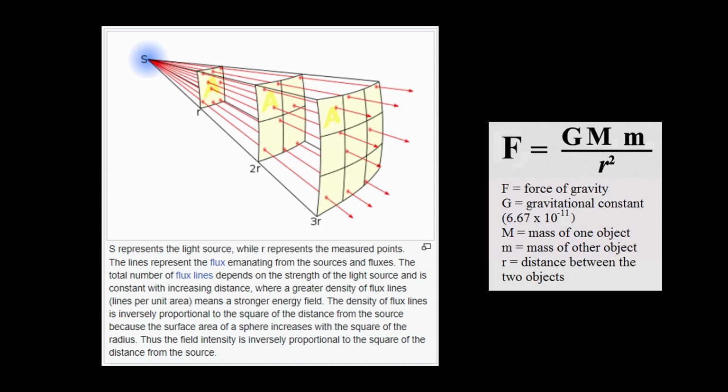Now, light certainly behaves that way, but so does any other form of electromagnetic radiation. It could be gamma rays, X-rays, radio waves. All of that obeys the inverse square law, but things that don't have anything to do with light or electromagnetic radiation also behave by the inverse square law. For instance, Newton's law of gravitation is an inverse square function.